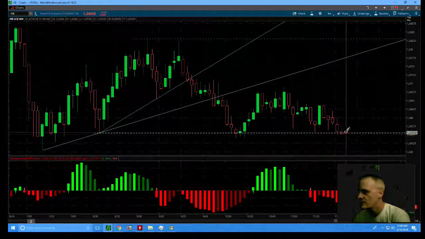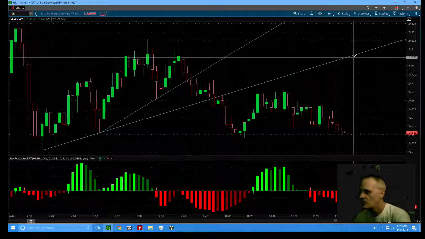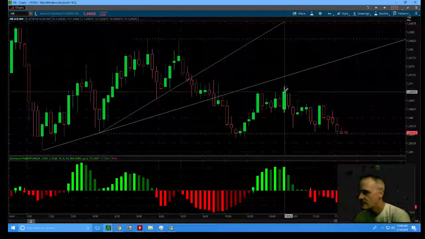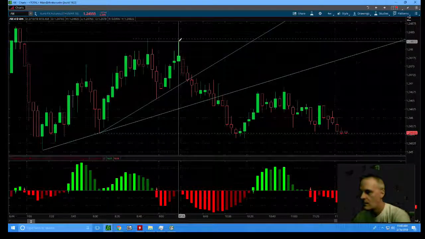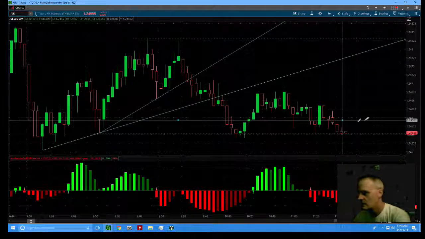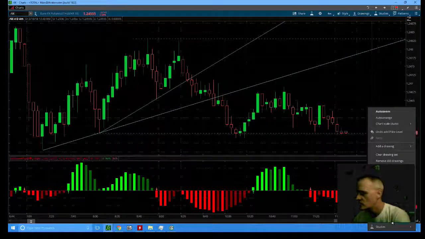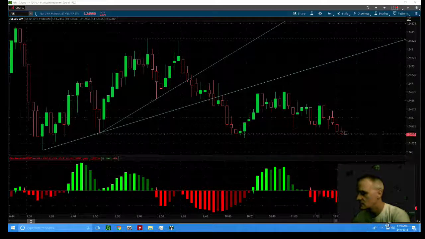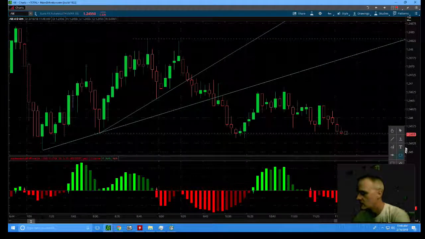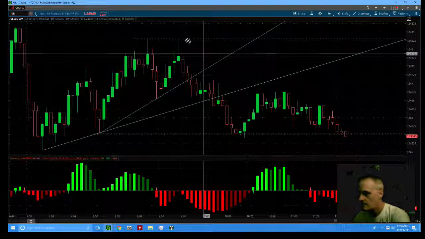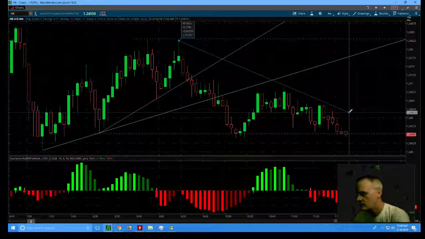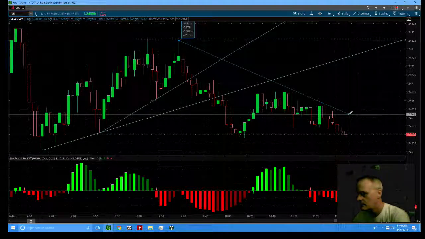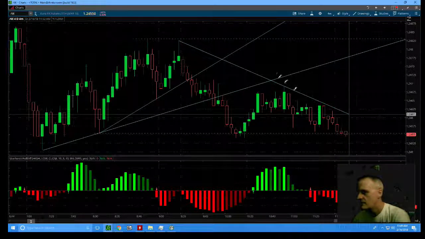So if this does truly bounce off of this level, where's it going to go? Well, it could bounce up there. Oops, I want to have the right drawing tool. Bounce off of there.